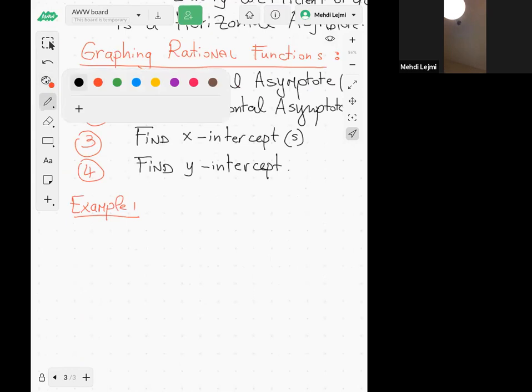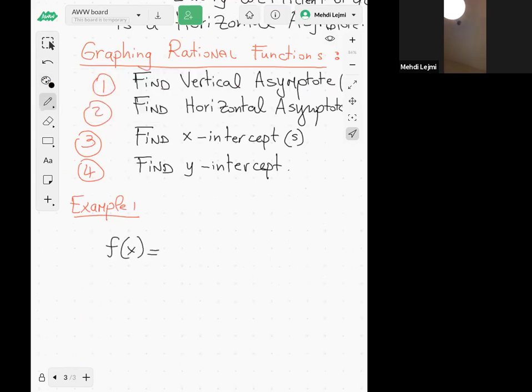Example one, I'm going to just take, say, f of x equal to, let's say, x minus 1 times x plus 1 over x minus 2 times x plus 2.